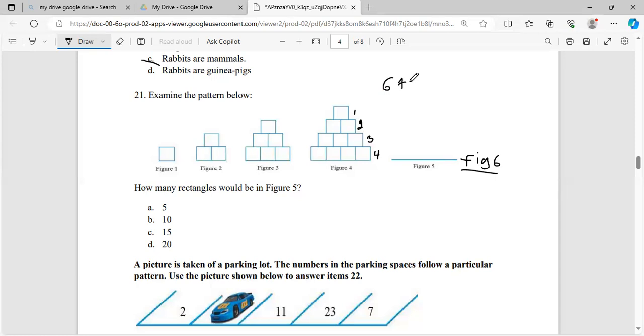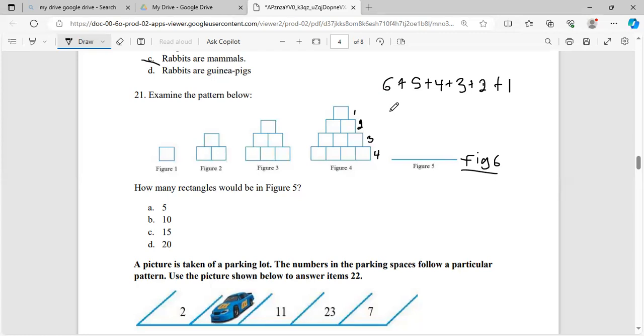So it would be 6 plus 5. Somebody add this up and tell me how much you get. 6 plus 5 plus 4 is 11, plus 3... 20, plus 1. Would it be 21?